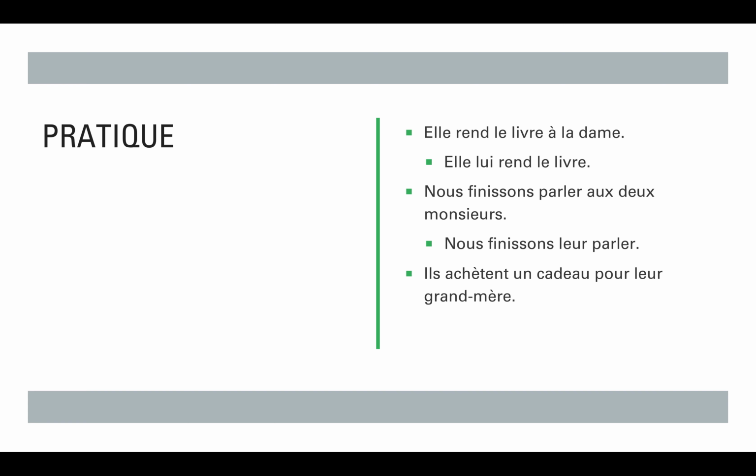You may, but not in this case, because it's one person. Ils achètent un cadeau pour leur grand-mère. We can say pour elle, but we're going to say for her. So they, for her, buy a gift. So it's her, lui. Il lui achète un cadeau, okay?